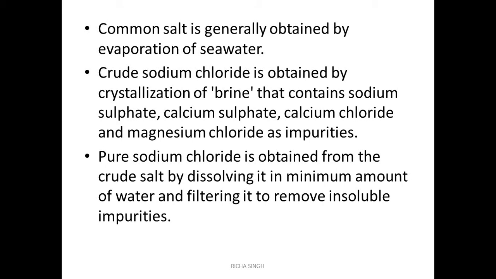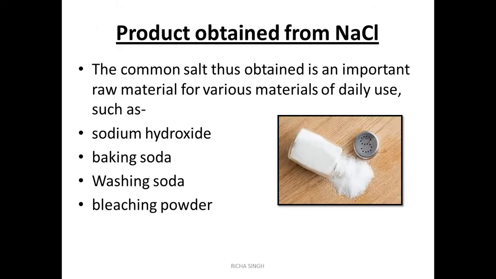Majorly what you have to study in this is common salt and the different products obtained from it: sodium hydroxide or caustic soda, baking soda, washing soda and bleaching powder.